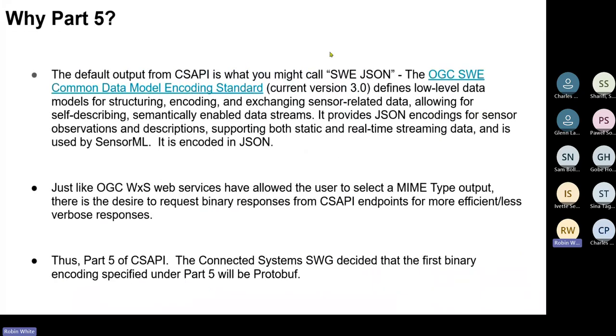It is basically taking the SWE JSON-like data model and replacing that JSON-encoded SWE standard with binary outputs. What that's going to allow you to do is primarily focused on at-scale, production-level systems.